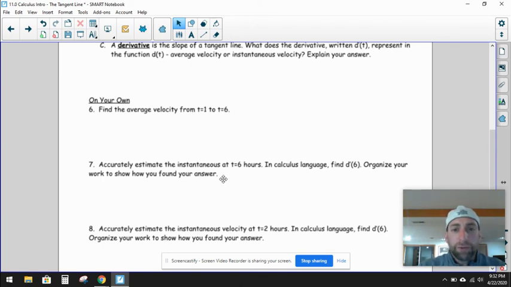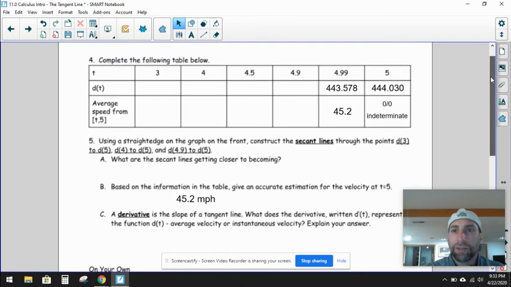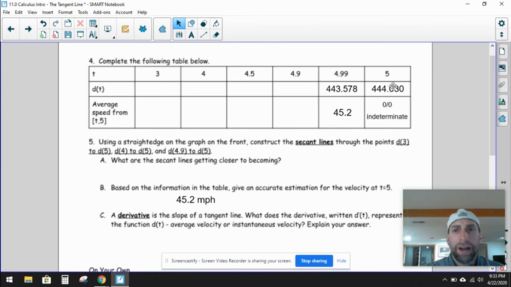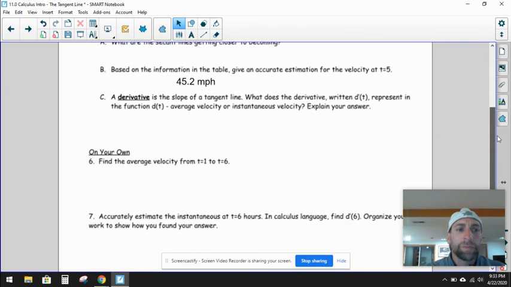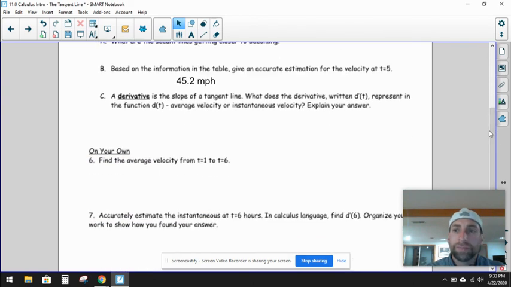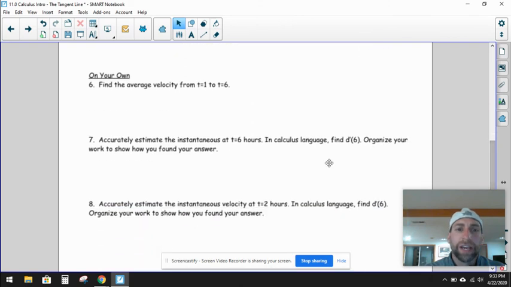Well, to do that, we're doing a derivative. So we can't do 6 to 6, because then we'll get that indeterminate thing, just like we did here, when we tried to do 5 minus 5, you get 0. And if you take the y value minus itself, you get 0. You get indeterminate. So what you got to do to do number 7 is estimate the velocity at 6 by doing something like 5.99.